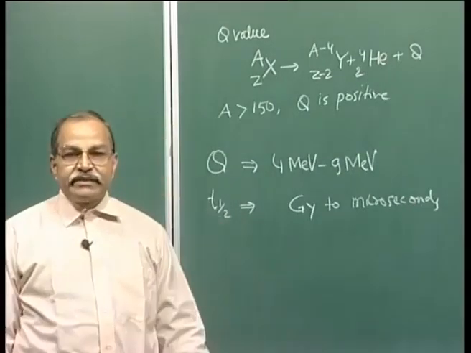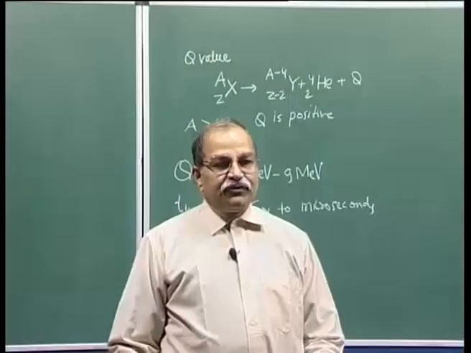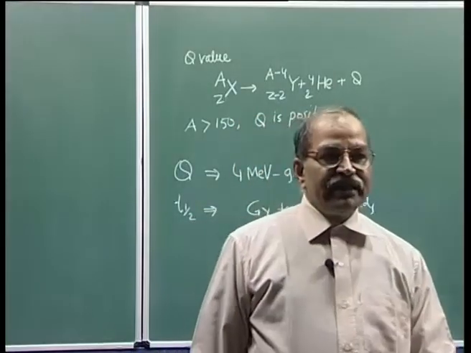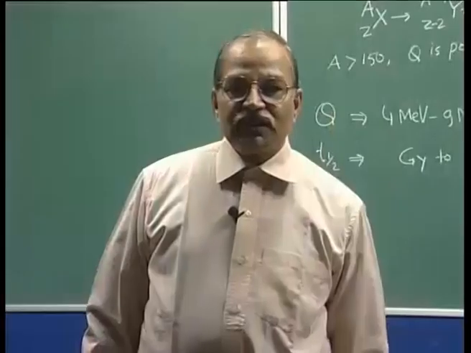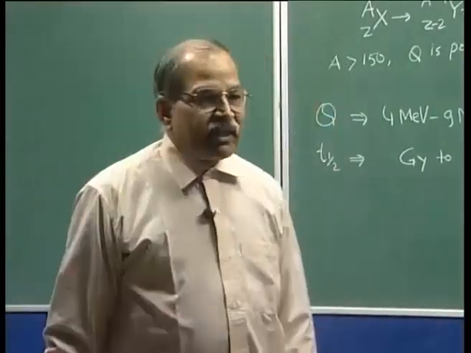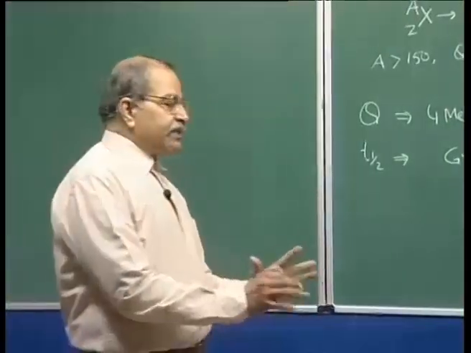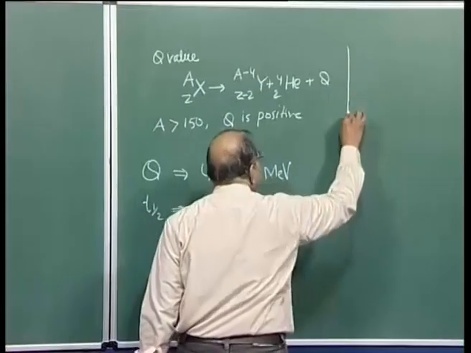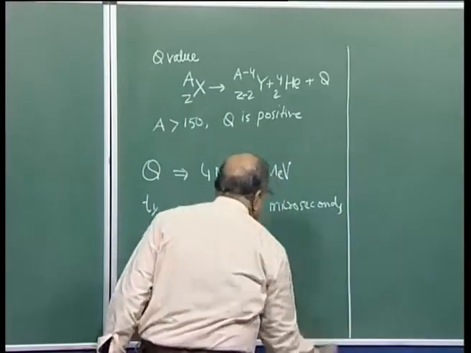Now, to understand this, we started describing what we call barrier penetration theory or Gamow's theory, which was put forward in 1928, early days of quantum mechanics. It is some semi-classical calculation, some quantum calculation, with the basic idea taken from barrier penetration.